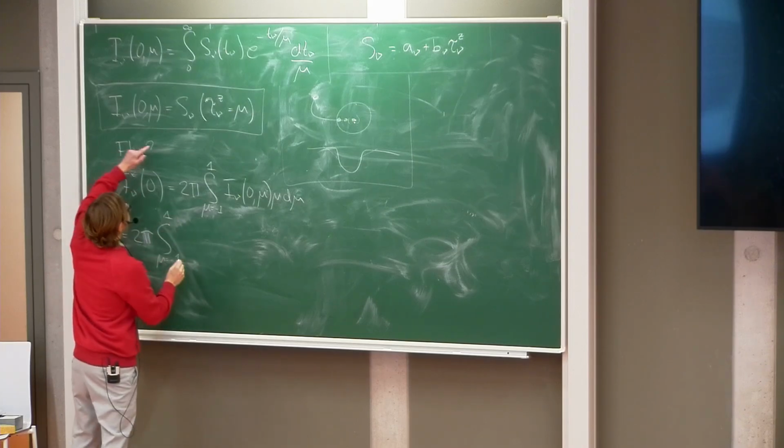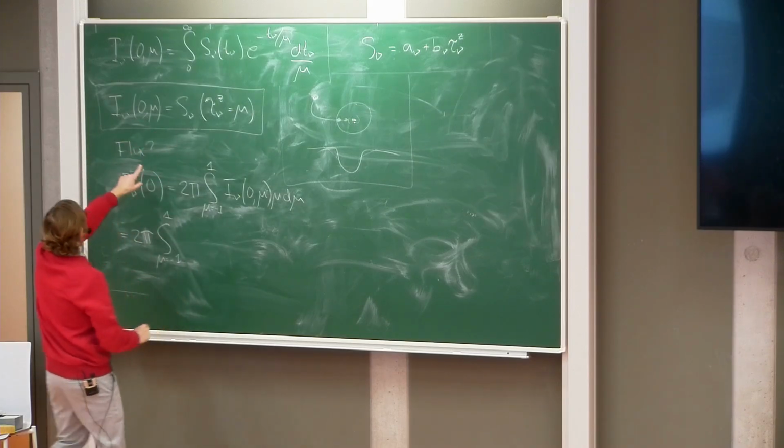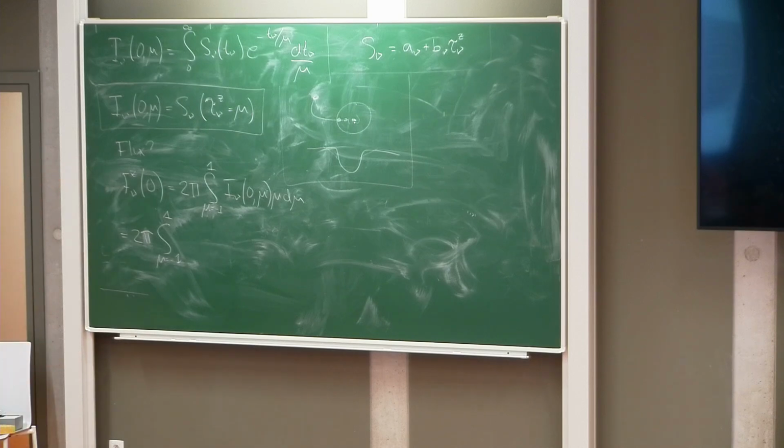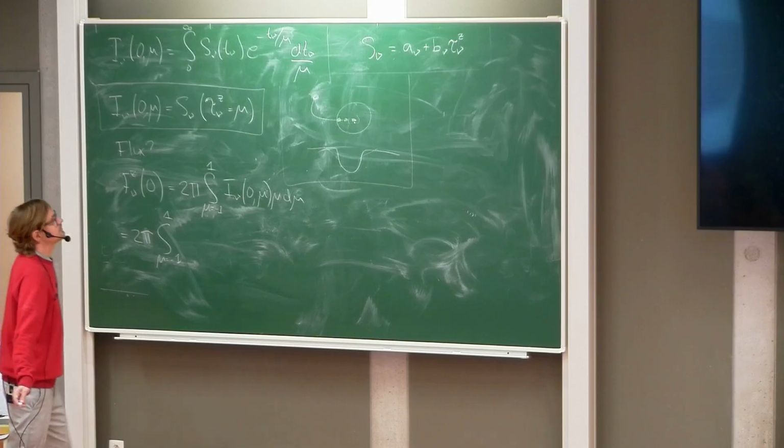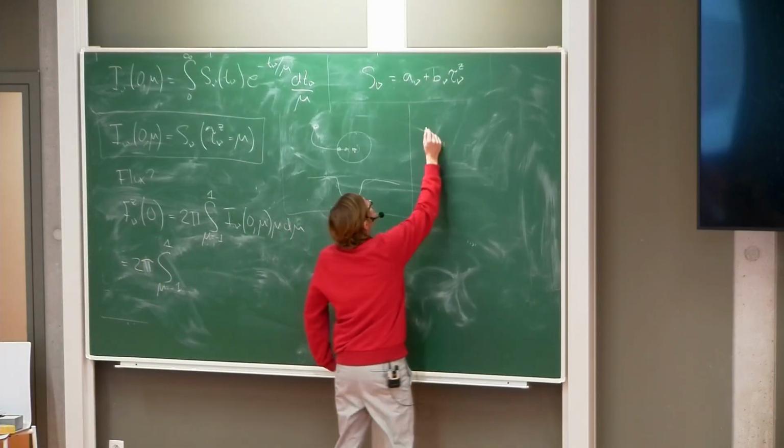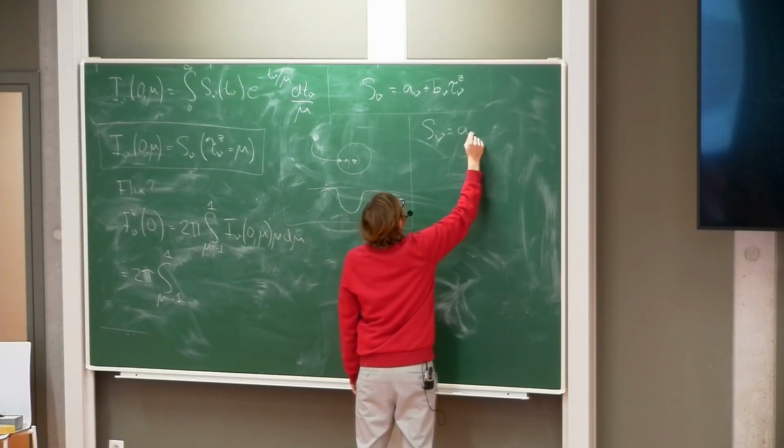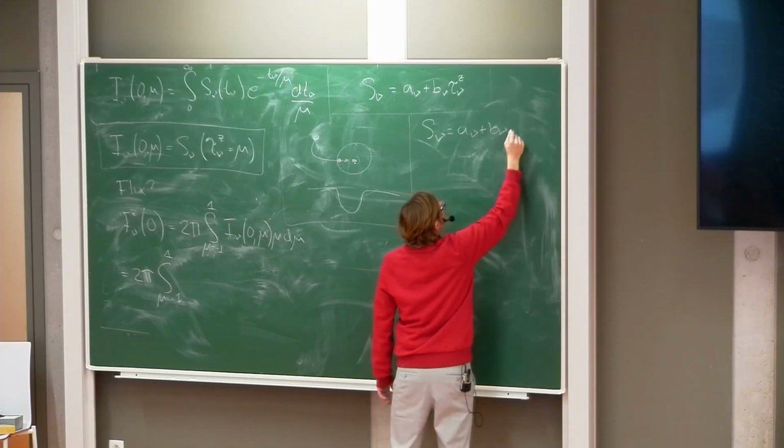Our Eddington-Barbier here. Where is it? It must be somewhere. I've sort of cancelled it. So the original expression was, of course, A_nu plus B_nu mu.